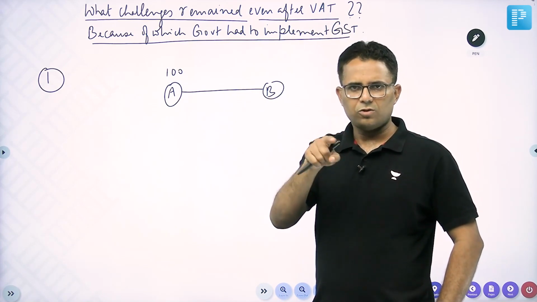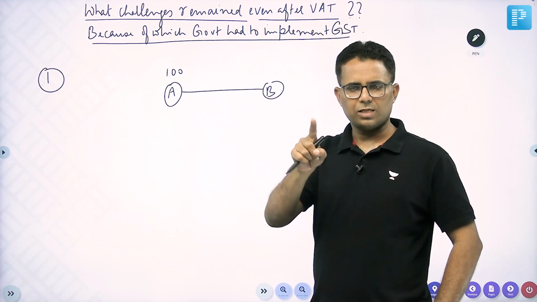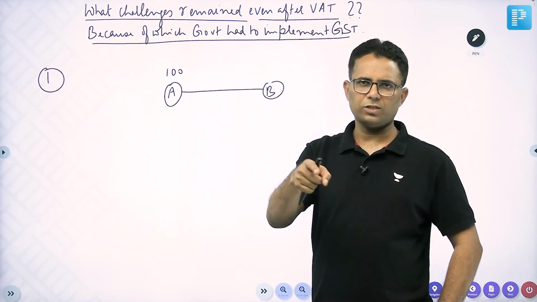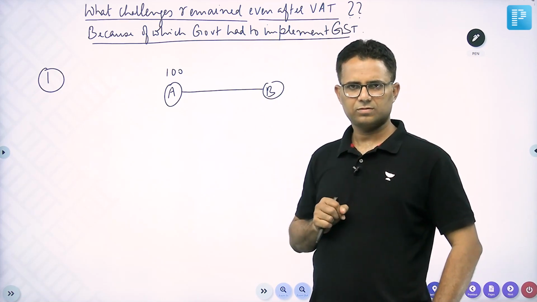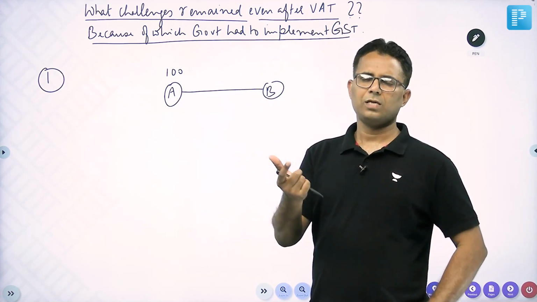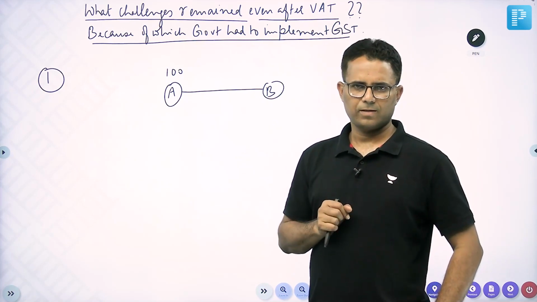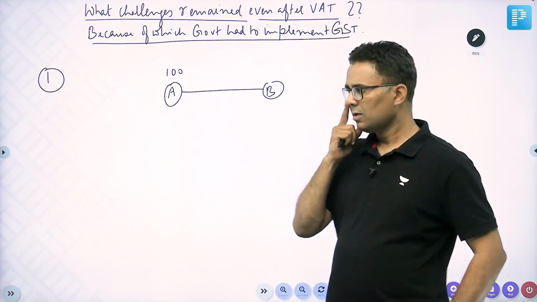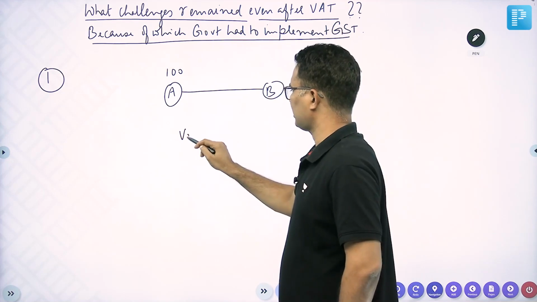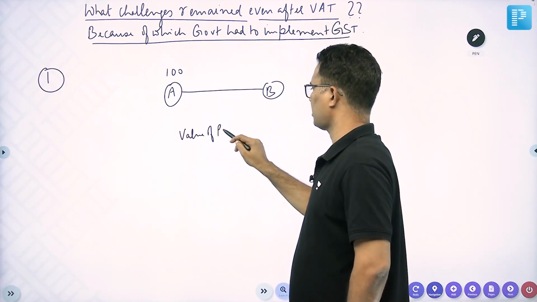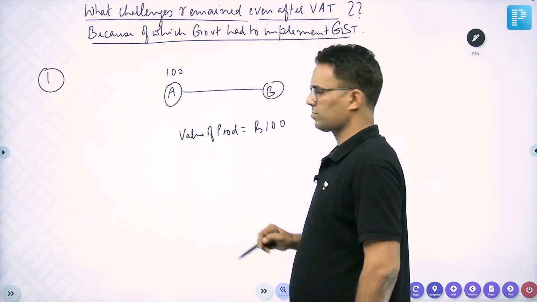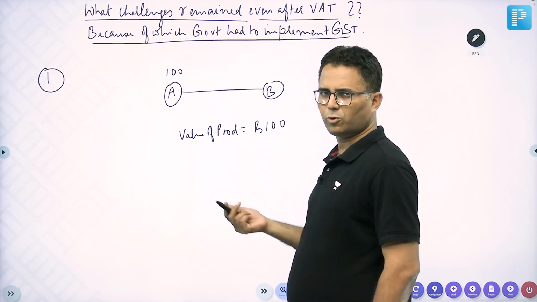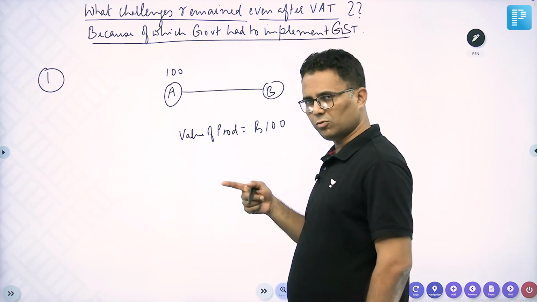Even if a product is not sold, does not matter, excise duty will have to be deposited, because excise duty needs to be deposited just after the manufacturing. Whether sale happens or not doesn't matter, right? So, okay, let's say value of product produced is rupees 100. First excise duty will be imposed.